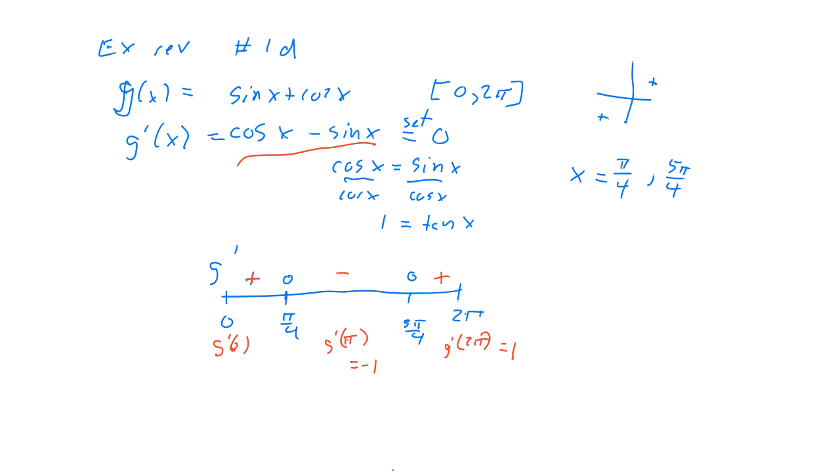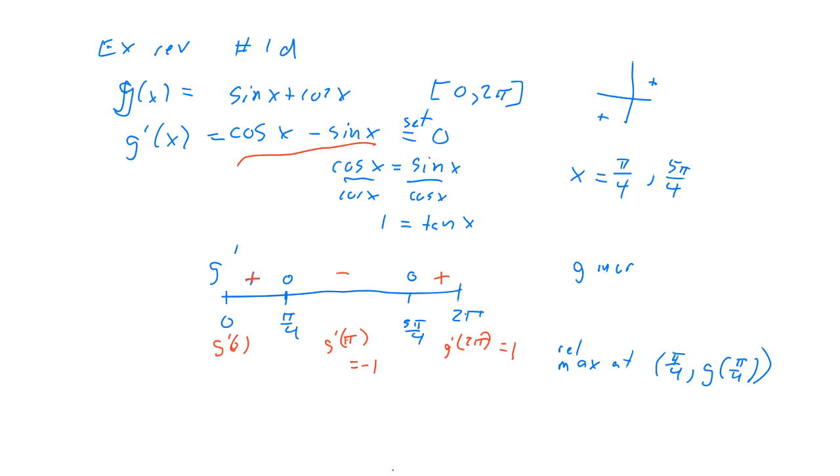The relative max and then a relative min. Bingo. So we have a relative max at pi over 4 and then g at pi over 4. So you need to plug pi over 4 back into the original function. And what's happening over here at 5 pi over 4?